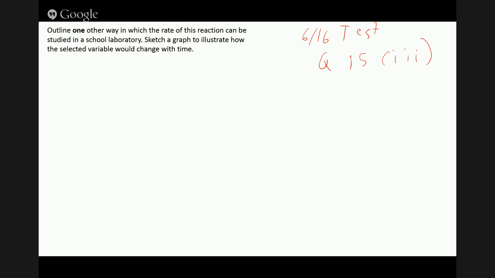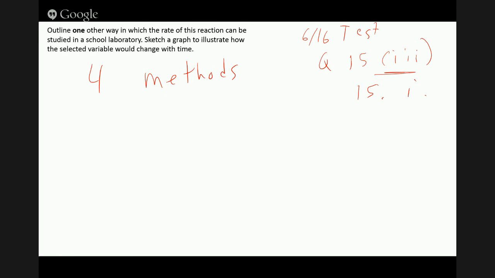We actually did a lab where I showed you 4 methods. And I showed you those 4 methods sort of specifically on purpose to show you different methods for following the rate of reaction. So let's think about what those 4 methods were. One of those methods is from 15I.